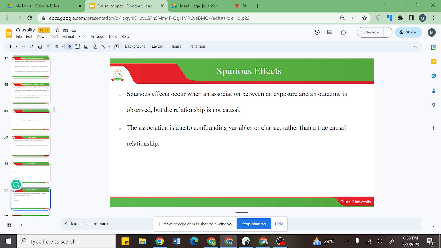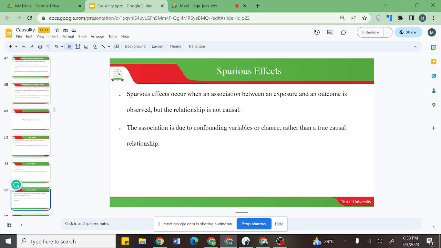You can have what we call a causal relationship, which has to be met by the Bradford Hill criteria that we talked about, and also maybe by the Koch postulates. But you can also have other factors that may result into a given health outcome, but those factors are not actually causing it.